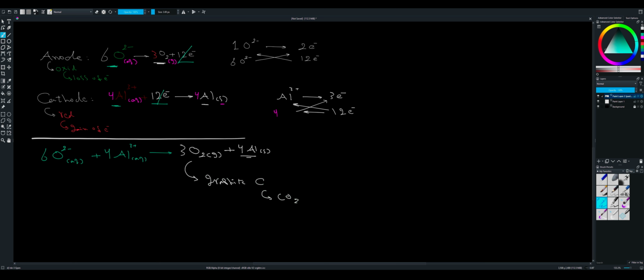And this causes the electrodes to erode, which is why we need to change the electrodes every now and again. It's very important to mention that it's a graphite electrode.